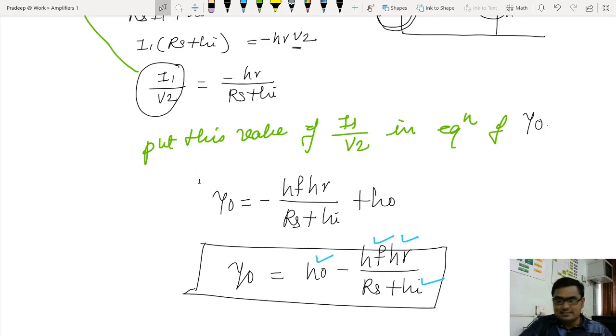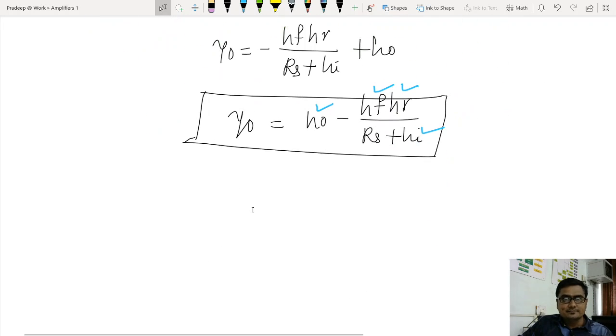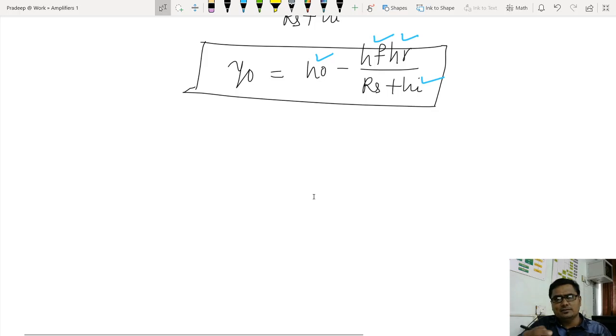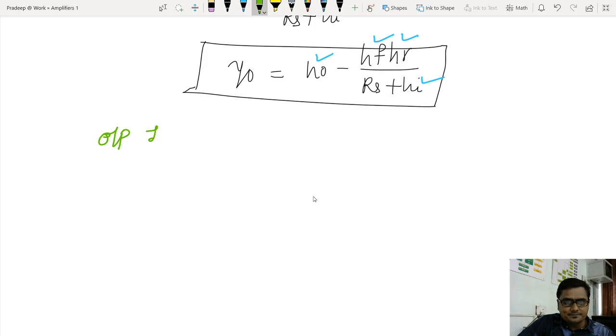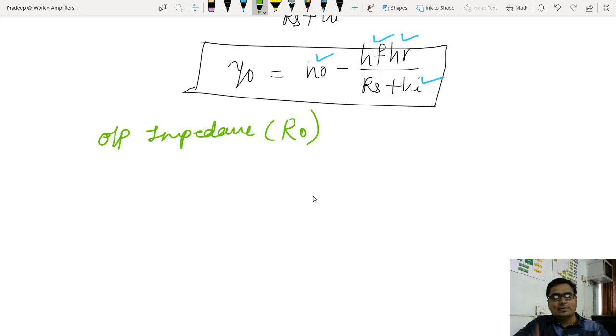Now, output resistance or output impedance. If someone says that we are supposed to derive output impedance, what we have derived is output admittance. So, output impedance, let me write output impedance. Some people call it Ro, and we are also treating output impedance as Ro. So what is that Ro?